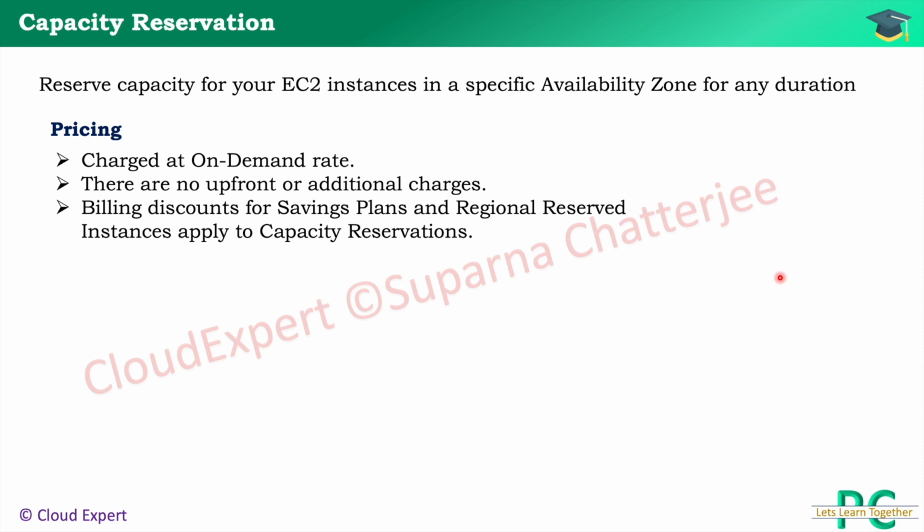If you do not use the reservation, this shows up as unused reservation on your EC2 bill. When you run an instance that matches the attributes of the reservation, you just pay for the instance at the rate of on-demand pricing, and there are no upfront or additional charges. Now you can see under capacity reservation, you are paying at the price of on-demand rate.